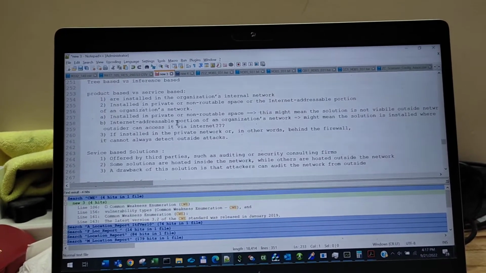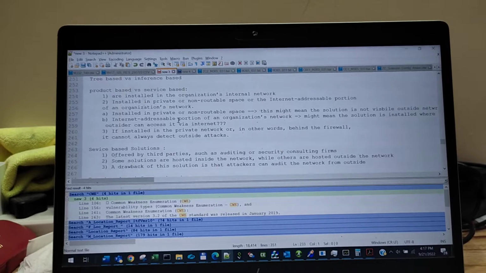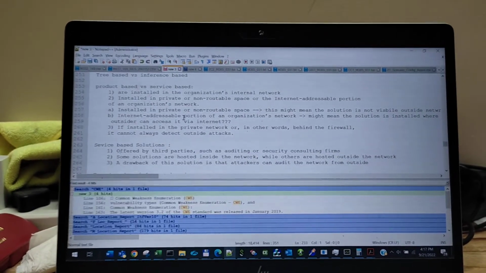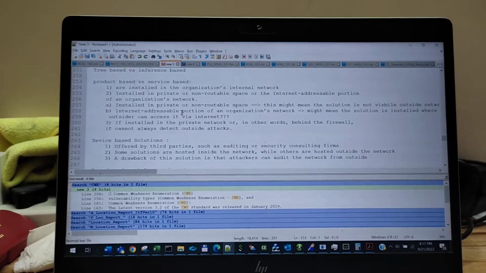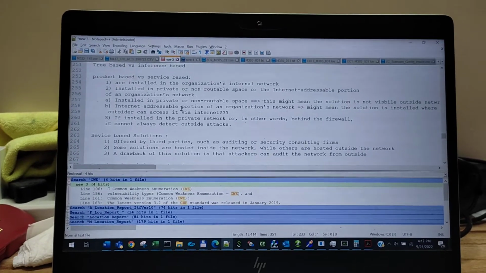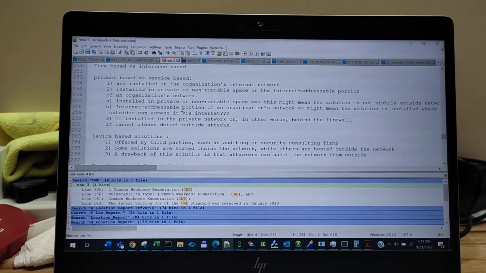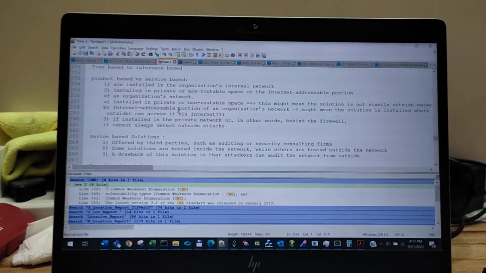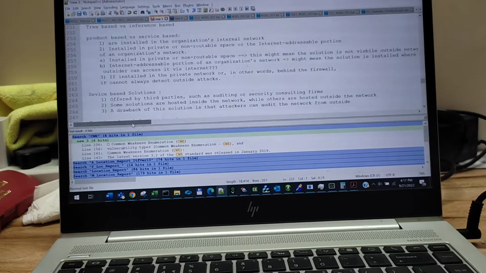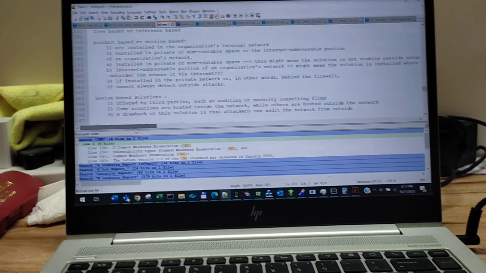In product based, the tools or solutions are installed in the organization's internal network, installed in private or non-routable space or the internet addressable portion of an organization's network. Okay, installed in private or non-routable space might mean the solution is not visible outside the network.